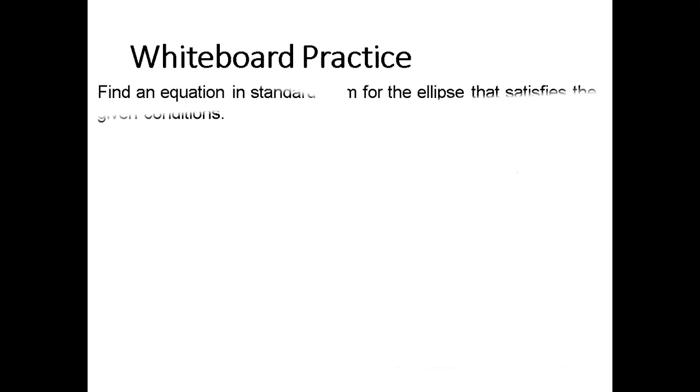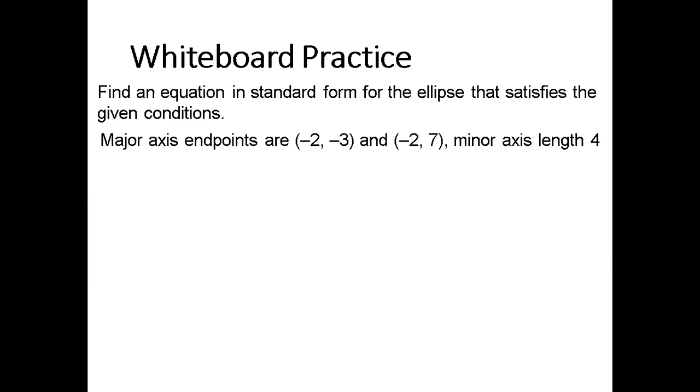Let's have another example. Find an equation in standard form for the ellipse that satisfies the given conditions, whose major axis endpoints are given, and the minor axis length, which is 4. Here is the answer.